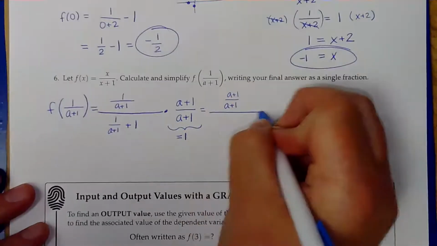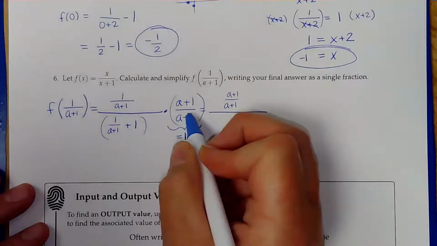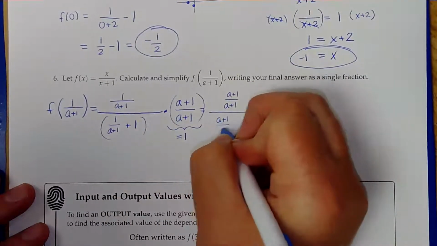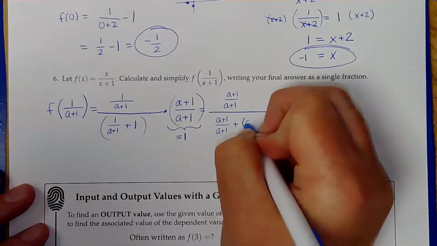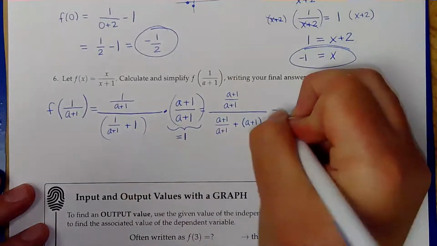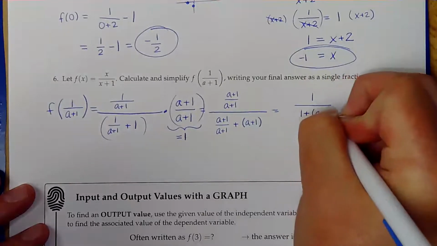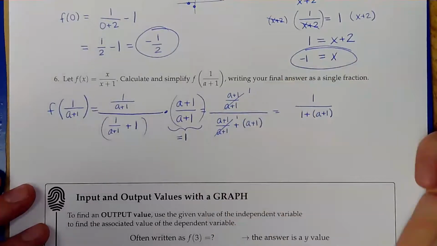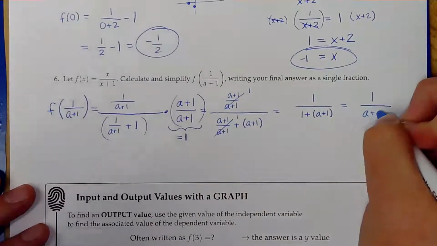So that's awesome. And then this needs to get distributed to both of these terms. So I get a plus 1 over a plus 1 plus this quantity of a plus 1 here, because 1 times that gives me an a plus 1. So I get 1 over 1 plus the a plus 1, because that guy's 1 and this one's 1. And so that gives me 1 over a plus 2.